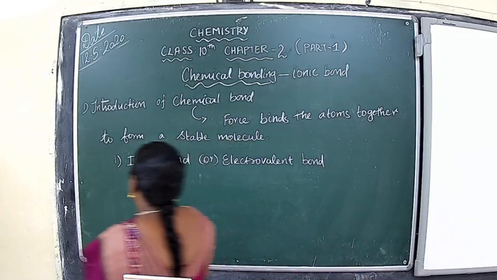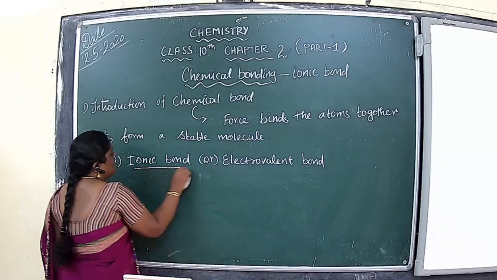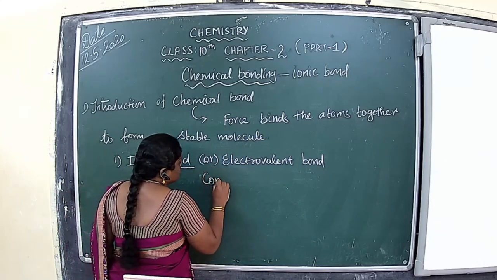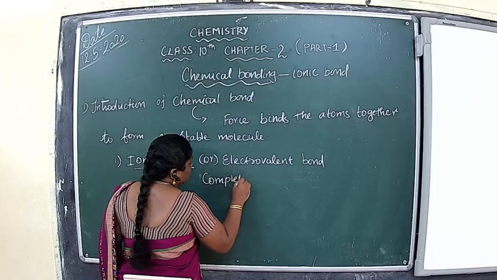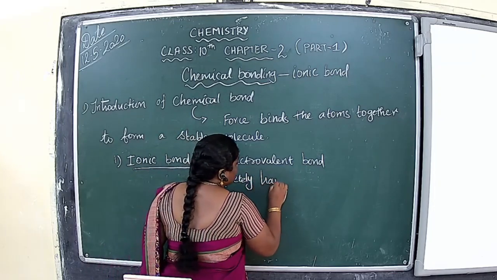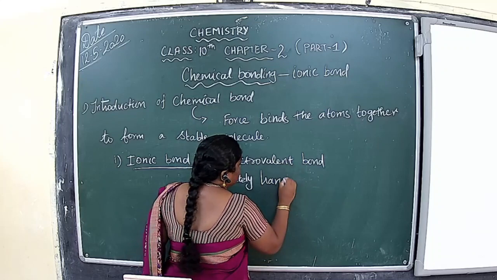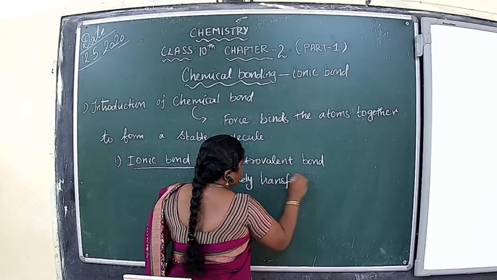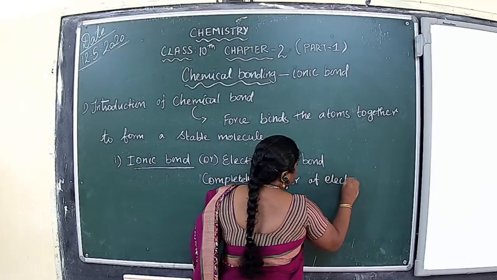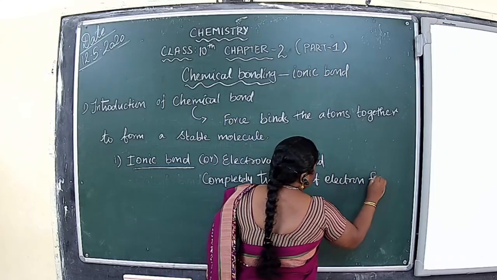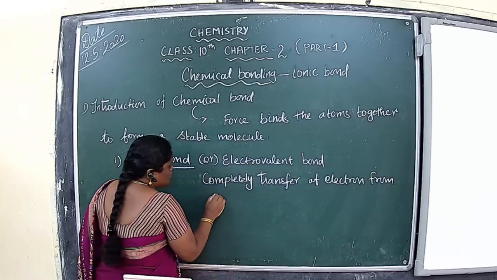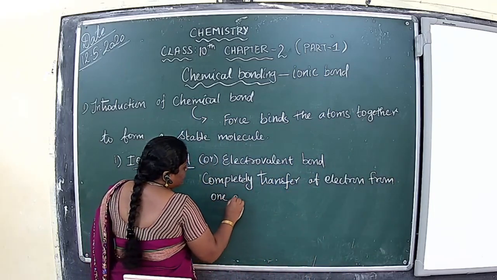So the first point is the transfer of the electron. Ionic bond means complete transfer of the electron from one atom to another atom.